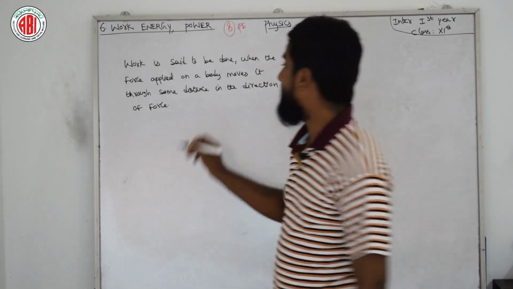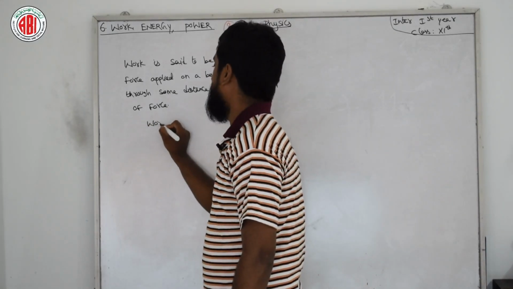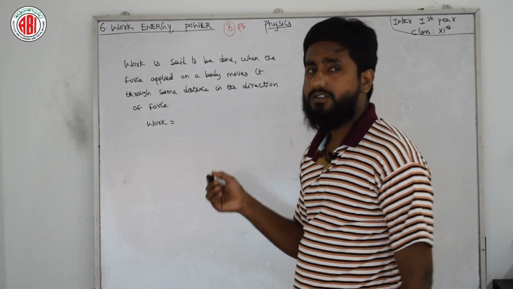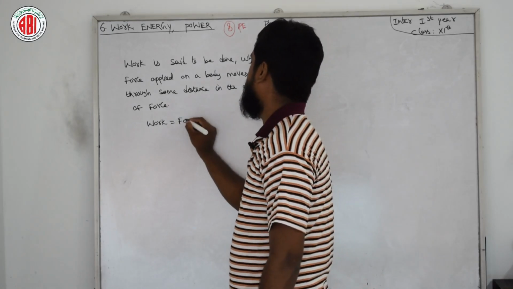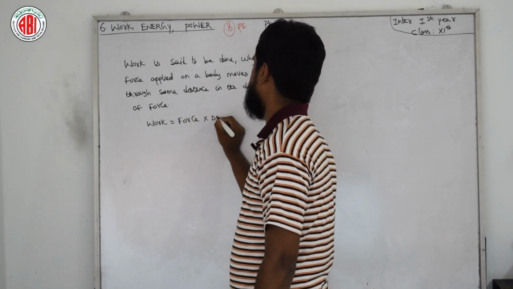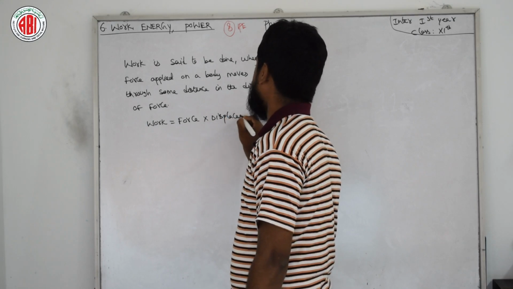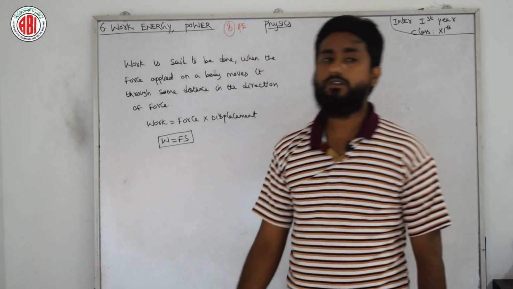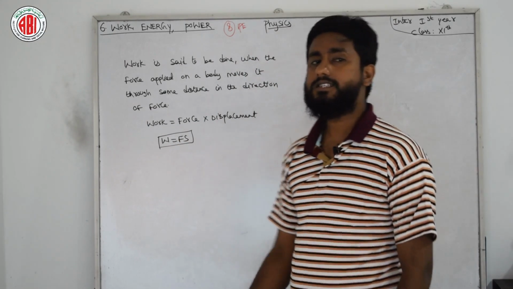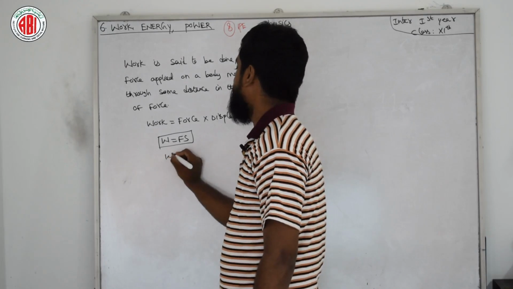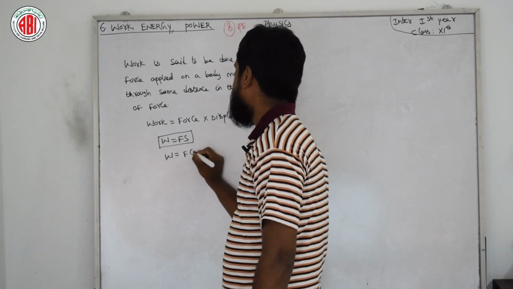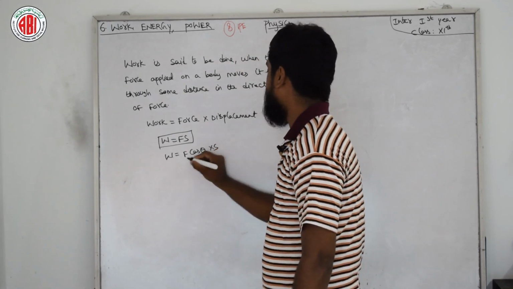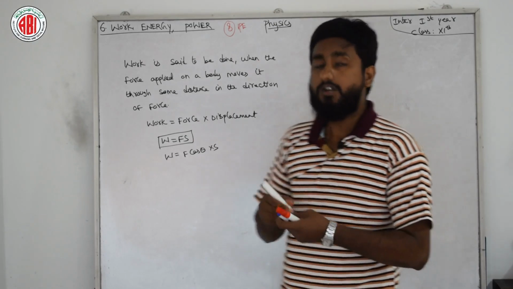So for that we can write one formula here. Work is equal to force component along the displacement, force into displacement. We can write this in short form as W = FS, but in some cases we call this W = F cos theta into S. Why are we introducing cos theta?